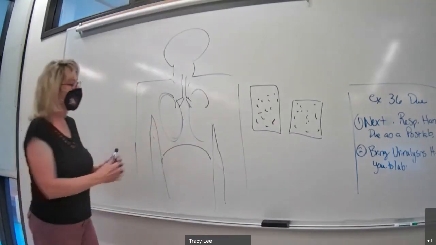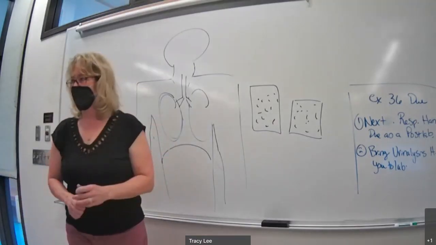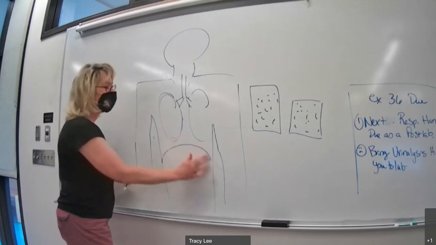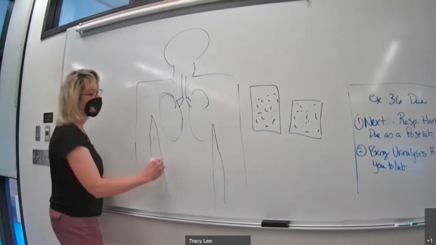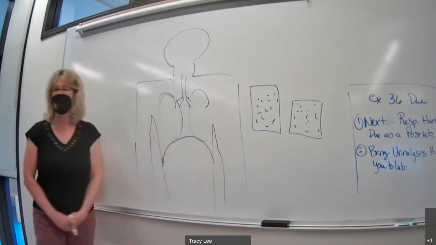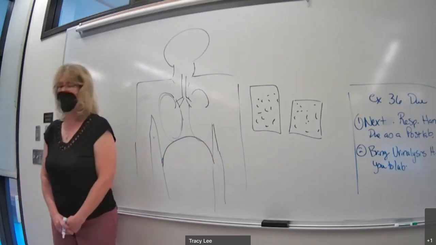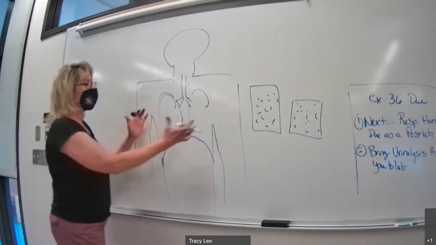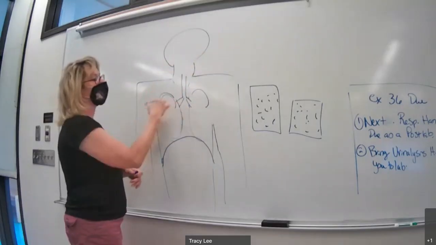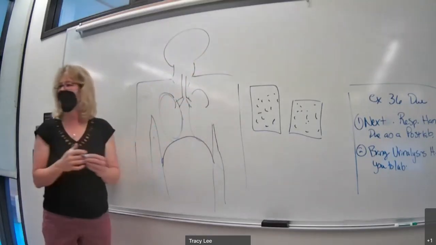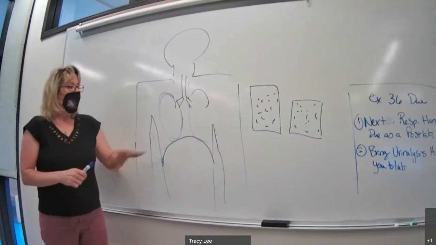So how this works is your diaphragm's the big player in this. Here's my diaphragm. When your diaphragm is relaxed, it is curved up like this. This is a relaxed diaphragm. So I have this container size. I breathed in. I have some particles in my lungs in here.